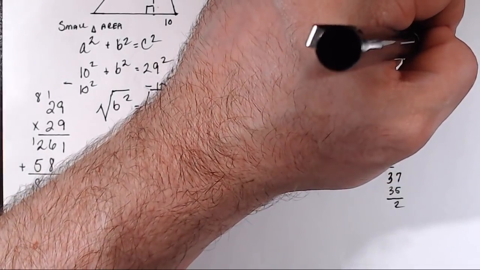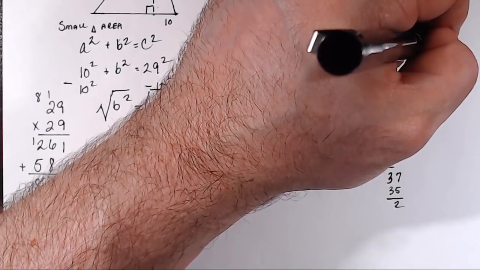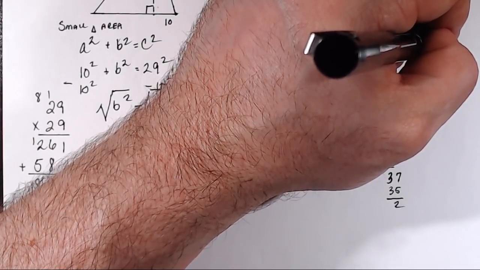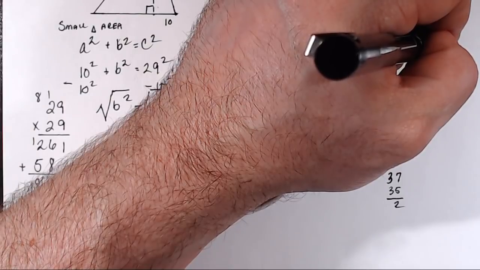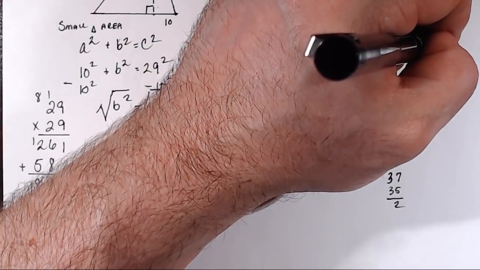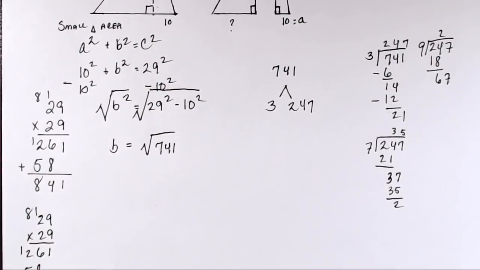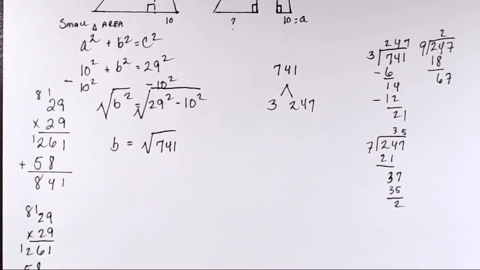It goes into 67 how many times, what would that be? 9 times 8 is 72. 9 times 7 is 63.